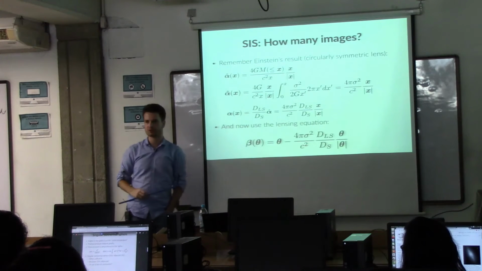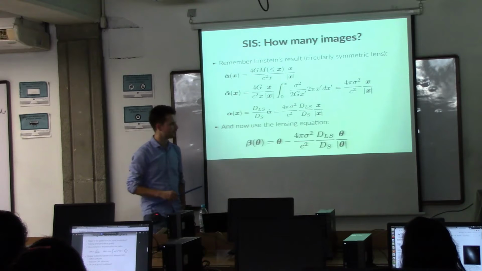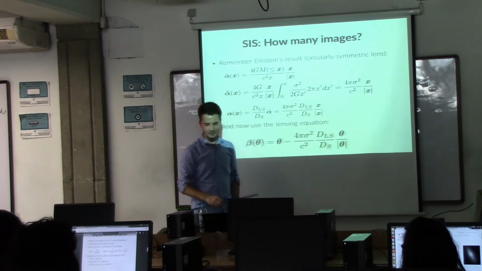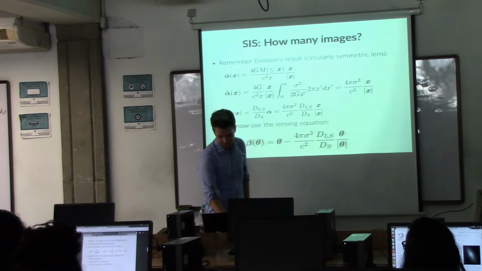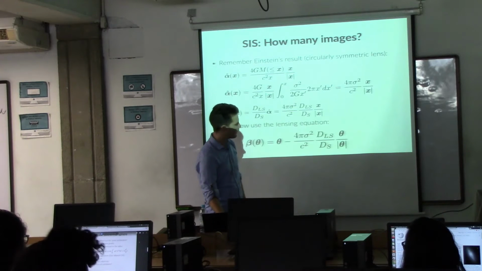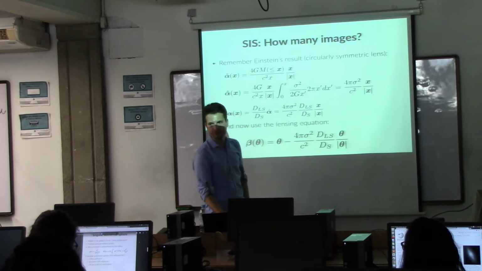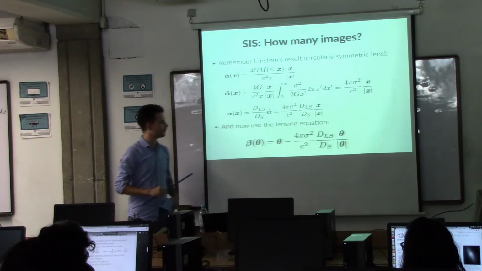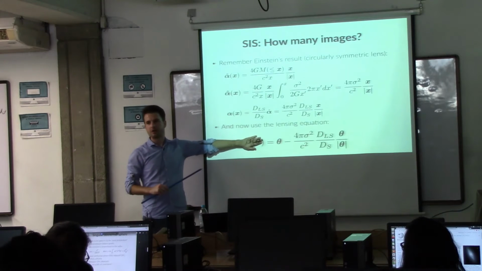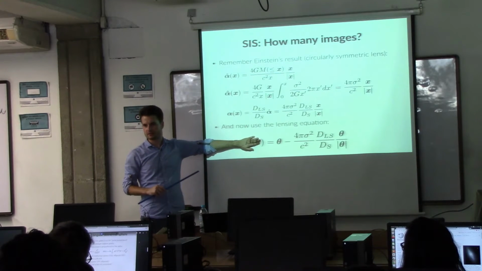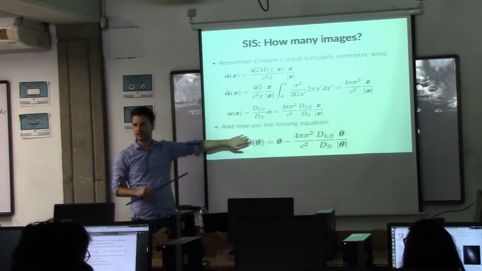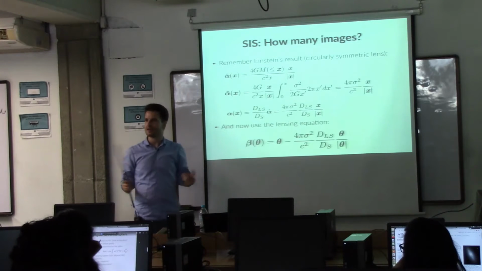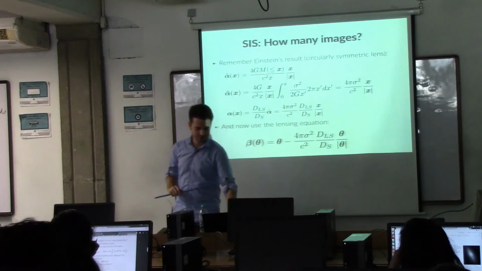And then you get the source position. So that's actually pretty handy. The first thing we can do is make this even simpler and put the source directly behind the lens. This is what we did yesterday, where we derived the Einstein radius. And actually, this is exactly what we are going to do now.